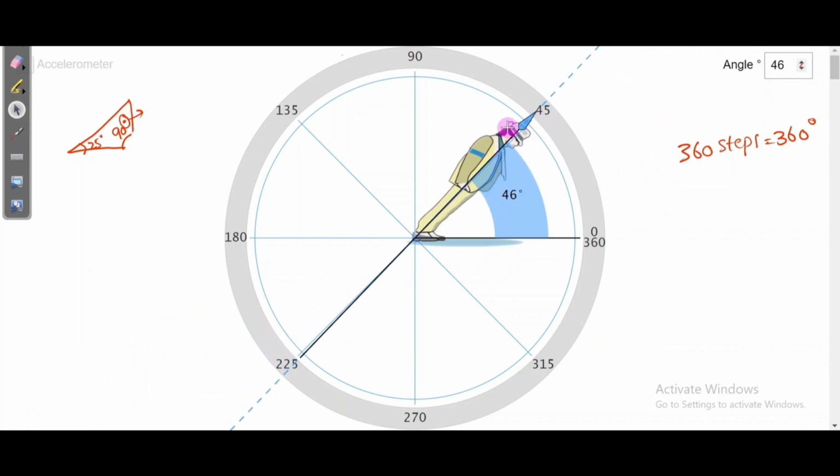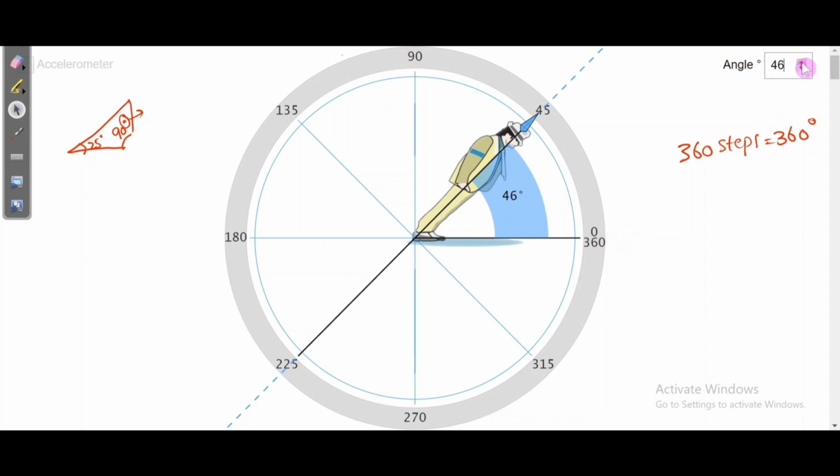So here if I take, let's say, 45 degree, then with respect to this original position, it has taken 45 steps, and for each step we count 1 degree, so therefore it is called 45 degrees. So the person here is in the position of 45 degree from the ground.